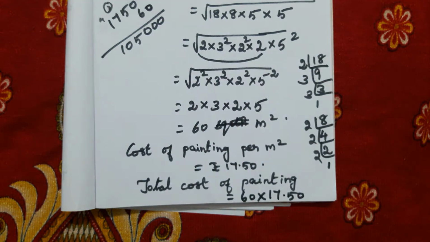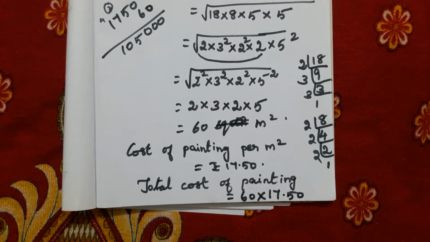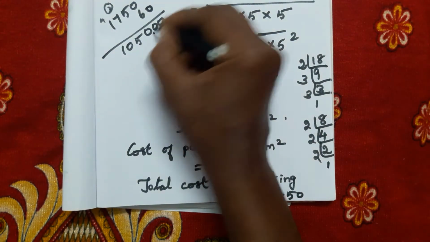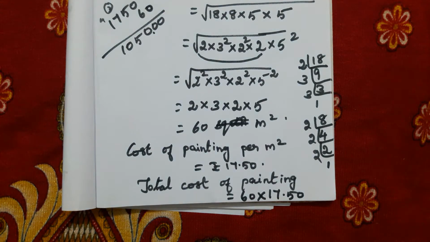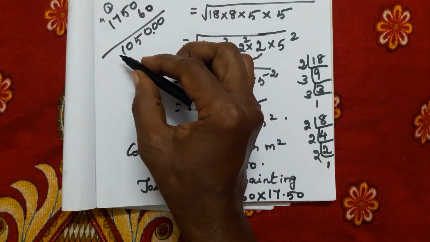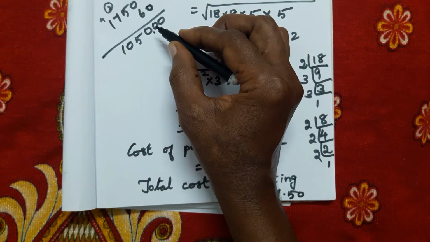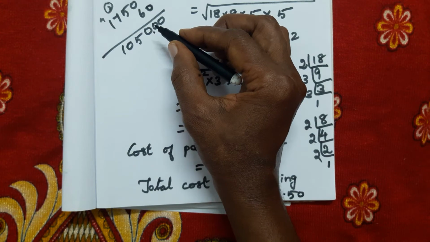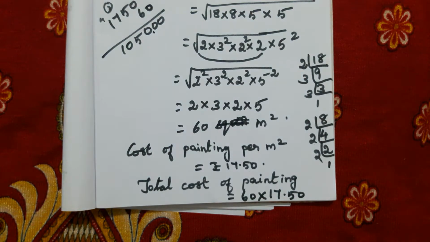How many digits before we have to put the decimal point? 2 digits, because after the decimal point 2 digits are there. Therefore, total cost of painting is equal to rupees 1050.